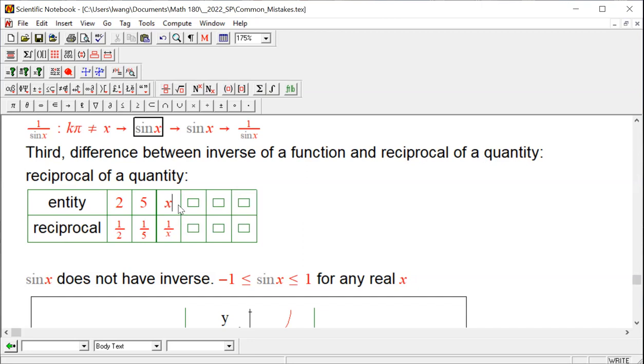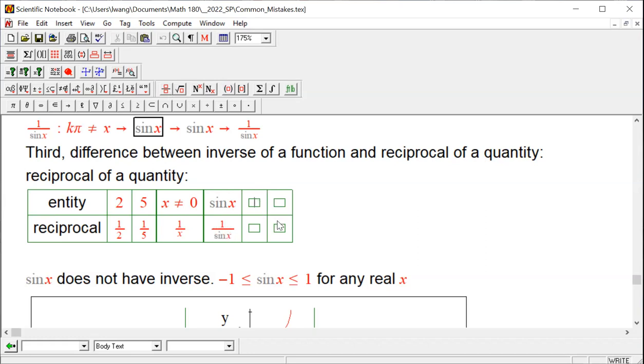We have a reciprocal function, which is f of x equals 1 over x. And of course, sine x has a reciprocal. So these are reciprocals.